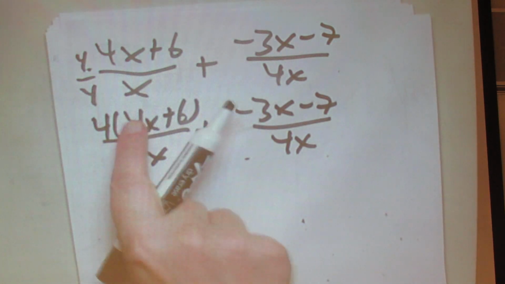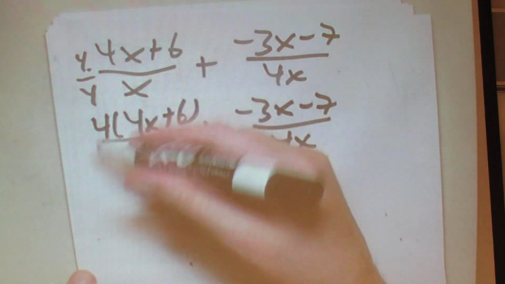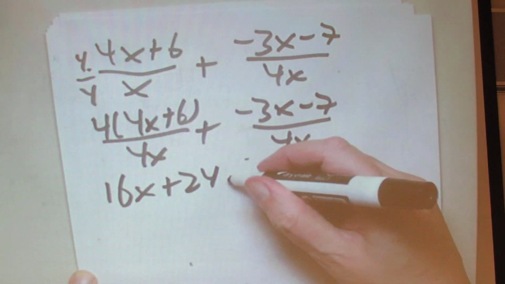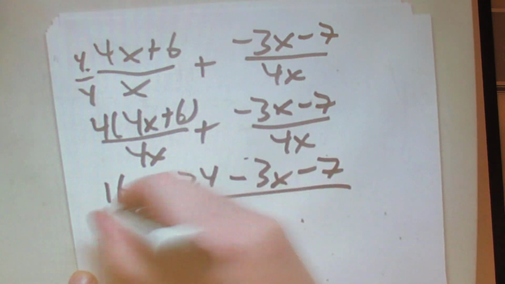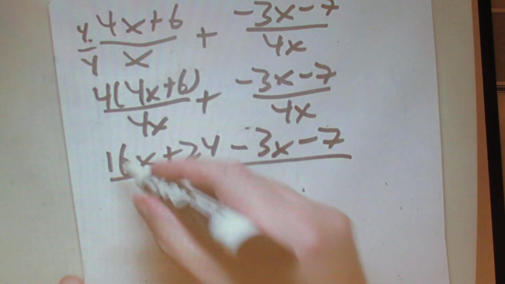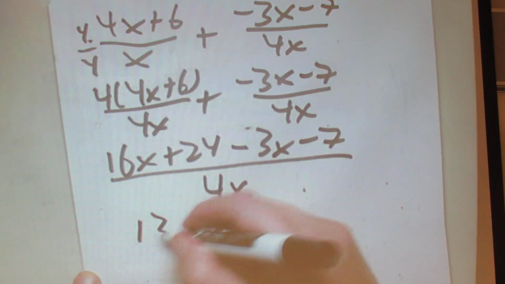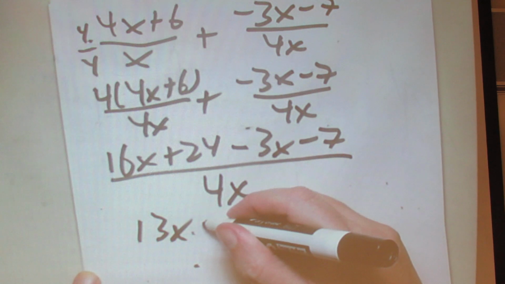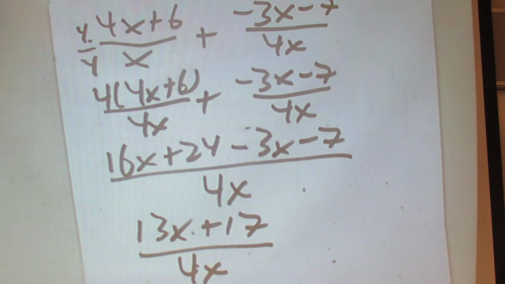I'm going to distribute 4 and combine the two fractions at once. So I'm going to have (16x plus 24 minus 3x minus 7) all over 4x. When I combine like terms, I get 16x minus 3x, which is 13x, and 24 minus 7, which is plus 17, all over 4x.